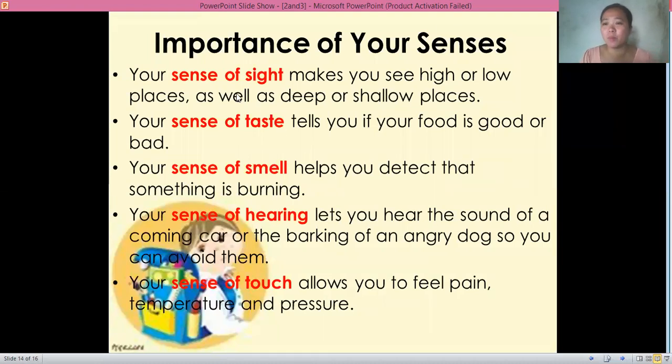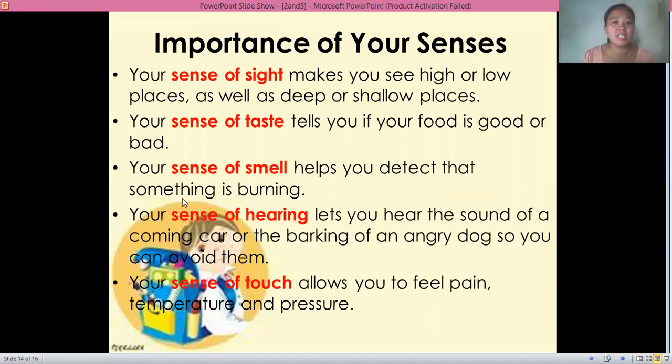Okay, so what is the importance of your senses or sense organs? Your sense of sight makes you see high or low places as well as deep or shallow places. Your sense organ for taste tells you if your food is good or bad.